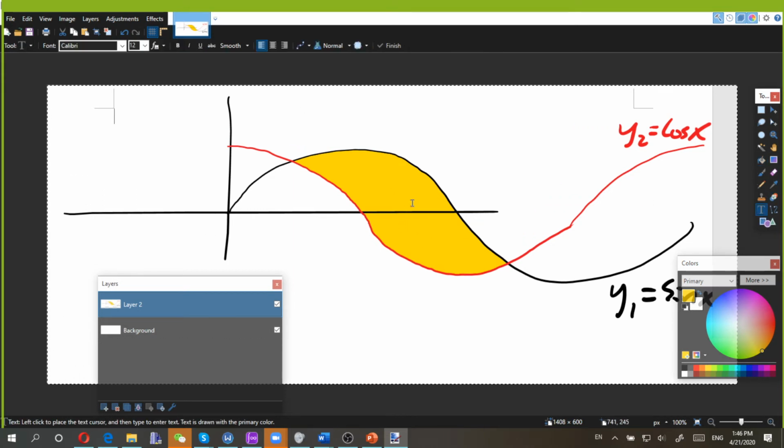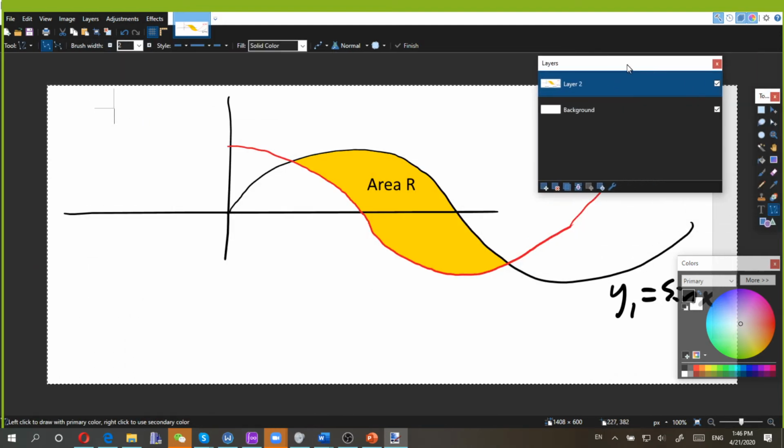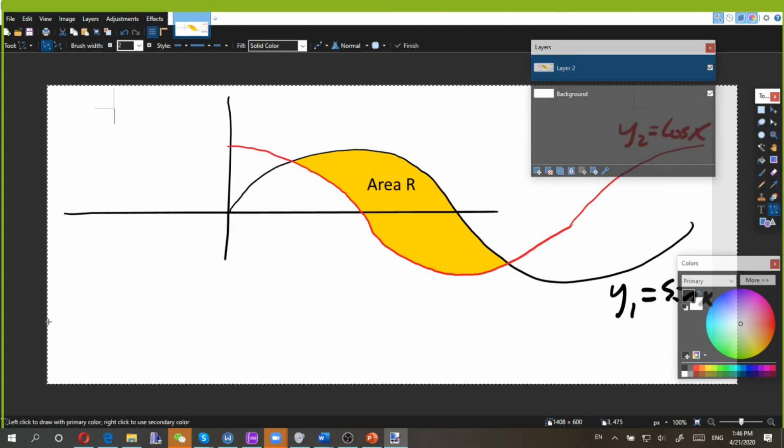Okay, I'm going to take the area in this region, which I'm going to call region R. And I want to spin that about the line y equals -3, here in pink.